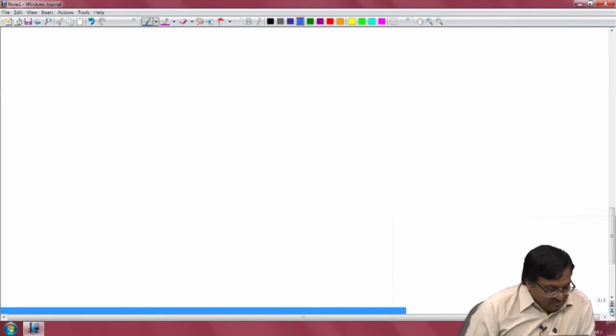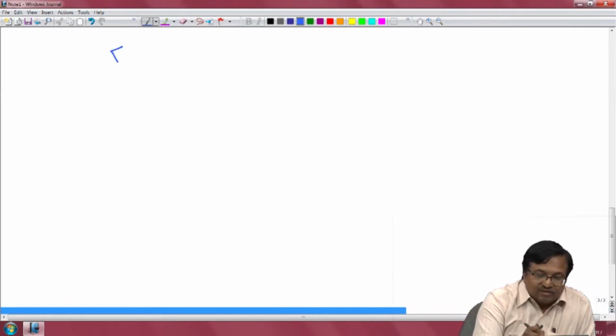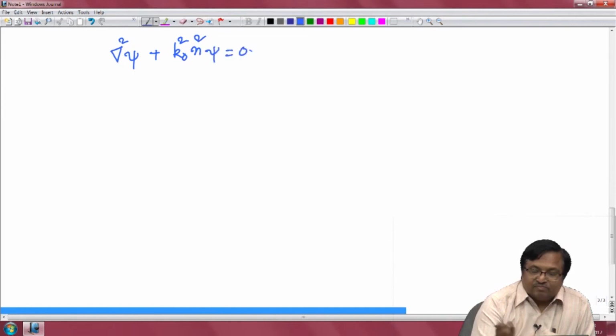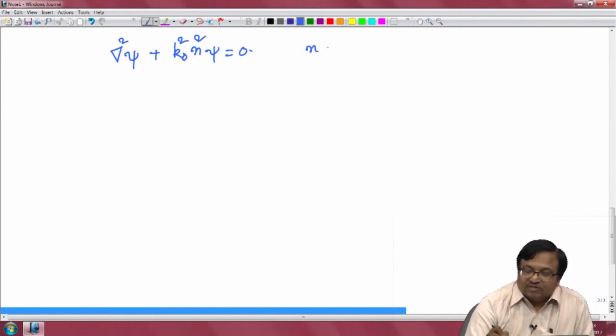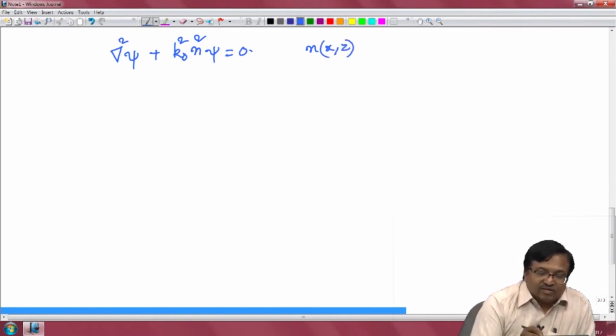The scalar wave equation for the whole field is given by del square of psi plus k0 square n square psi equal to 0, where n is the refractive index profile n of x comma z, and the operator has x variation as well as z variation.